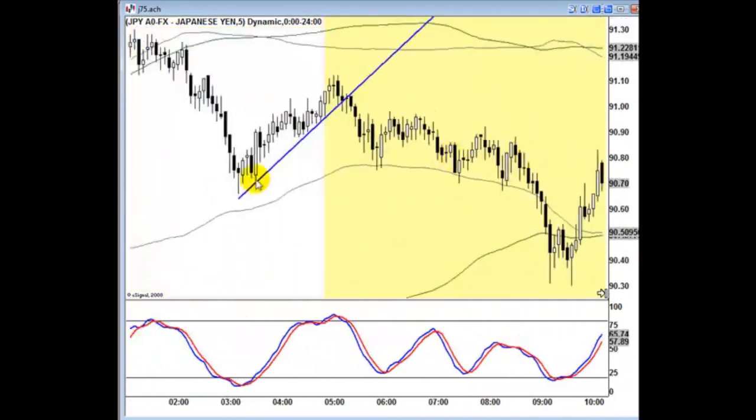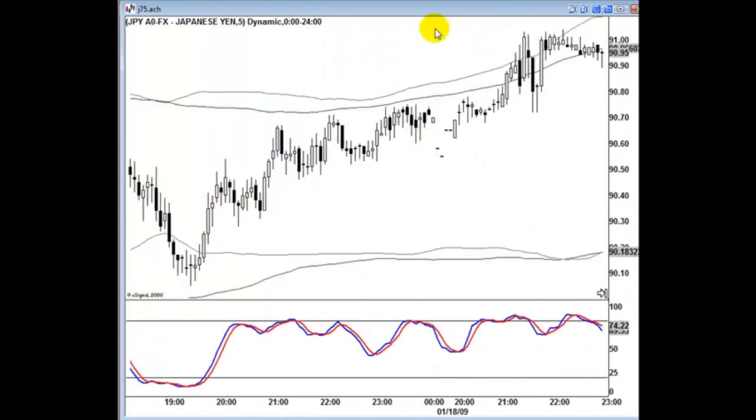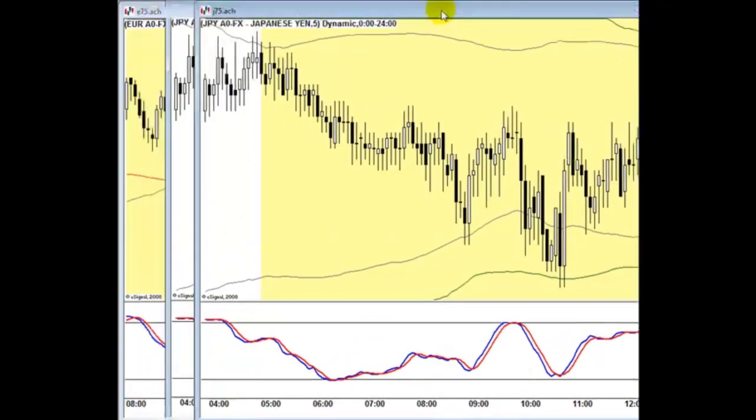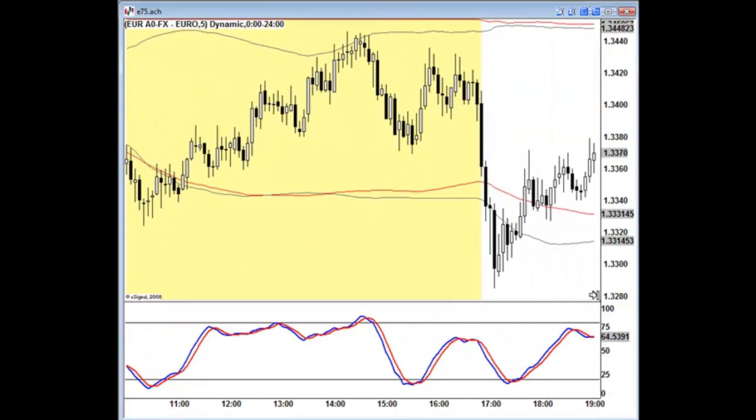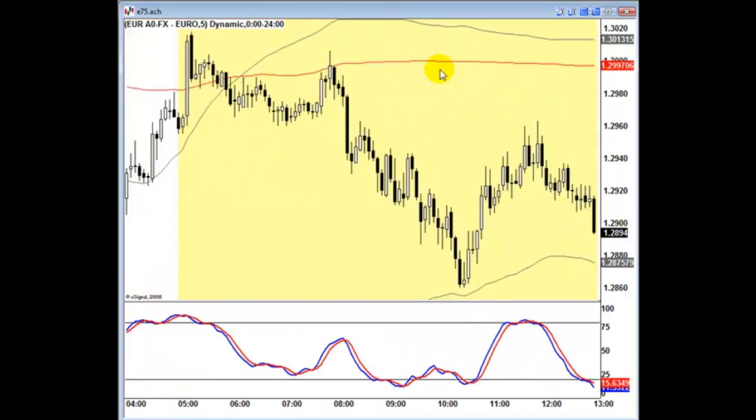I'm not going to try and find them now, but there is a good example here on the euro, which is now moving down sharply after our move up. In this case we would have got our 40, 50 pips anyway, but it's now moving down.